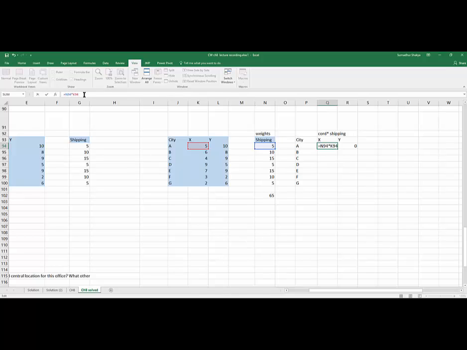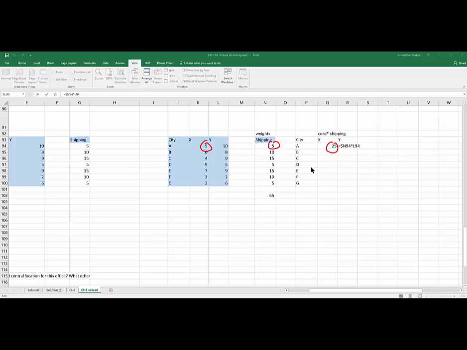I want to put a $ for the column N in this case, so that when I paste it here, what it does is, 10 times 5 is represented in this cell, and 5 times 5 is represented in this cell.